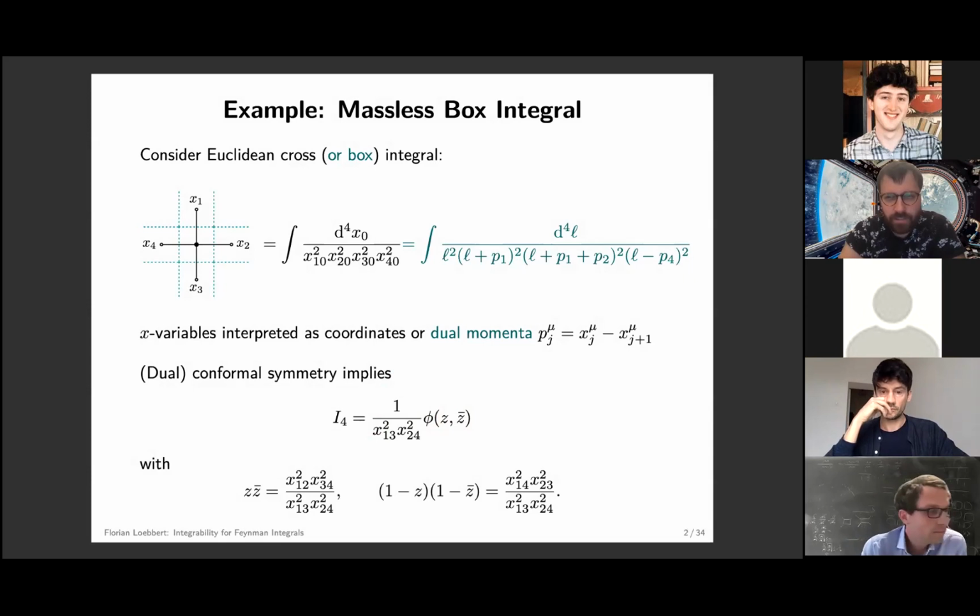Why is x a dual space? Because I would think conformal symmetry acts directly on x's. Well, if I think about this as a momentum space Feynman integral, then x is the dual variable, right? So x is momentum. Okay, that's fine then. In four dimensions, in the massless case, I think it doesn't matter whether I think of this as a dual graph of a momentum space Feynman integral or as a correlation function.